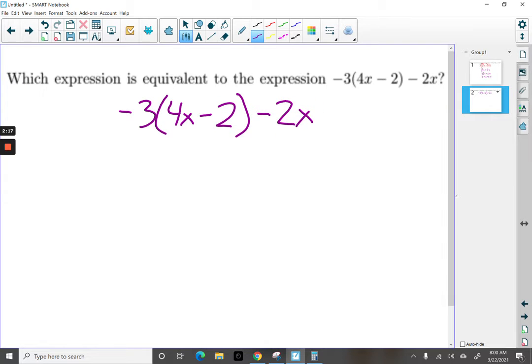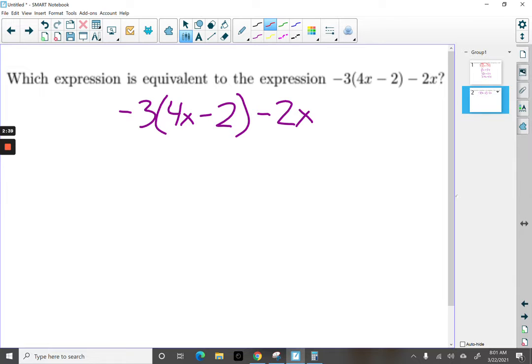My expression here says -3 outside the parentheses of 4x minus 2, close parentheses, and then minus 2x. So we have multiple terms right here that we are going to try to get rid of and simplify and make this expression look easier.